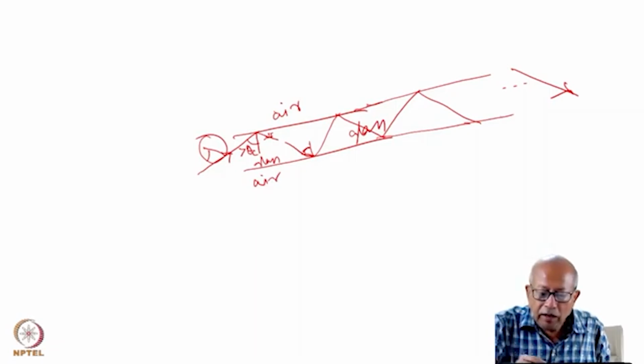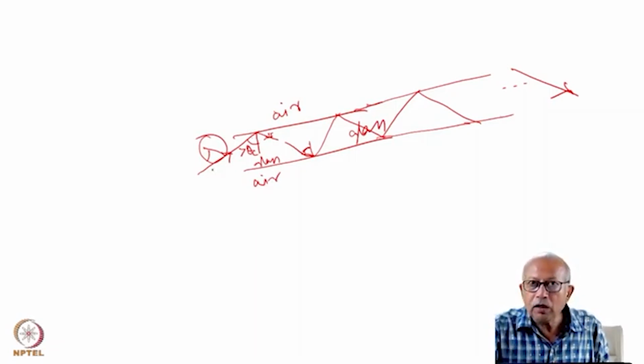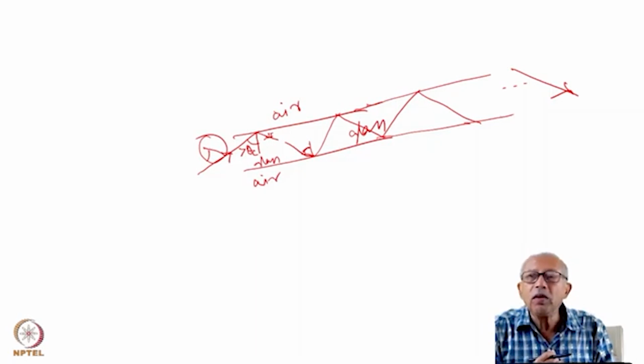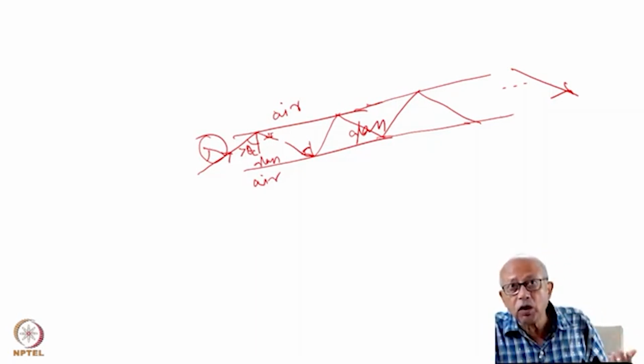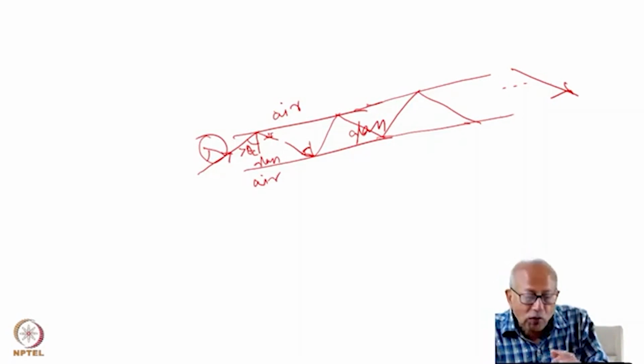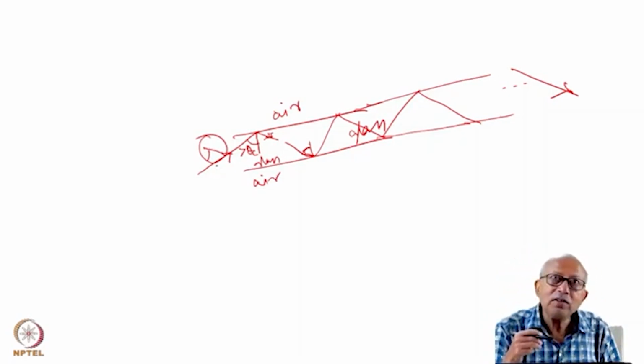So light actually travels from one end of the fiber to the other. And this length of the fiber can be enormous, hundreds of kilometers. So you can actually send your information through this light.